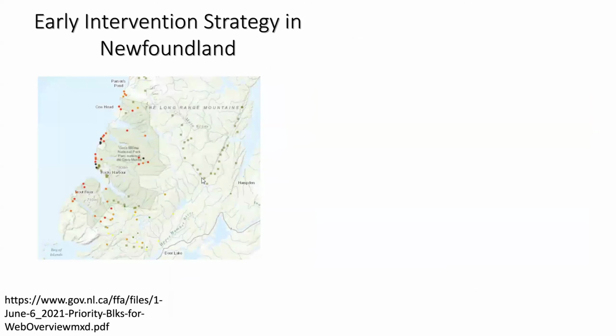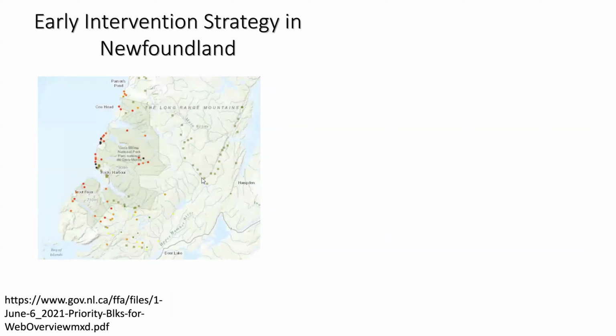Just an example of this in Newfoundland. These are L2 survey data available on the Government of Newfoundland website, in and around the Gros Morne area. The red dots are surveys where we had more than 7 per branch count. So a lot in Gros Morne in 2021 and previous years.